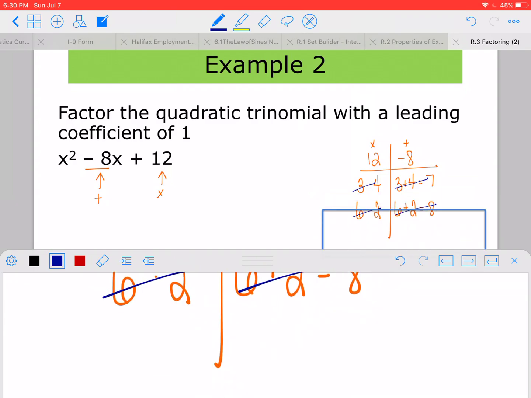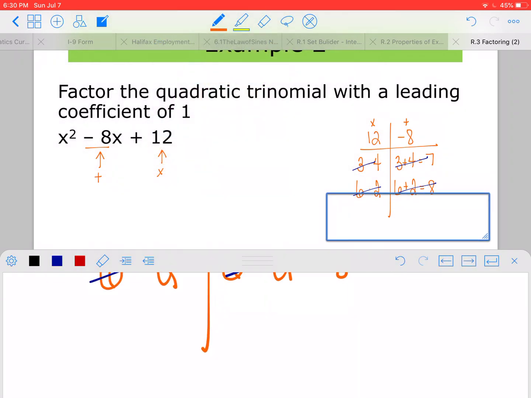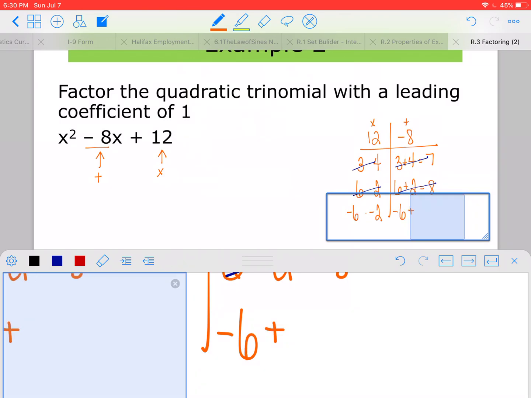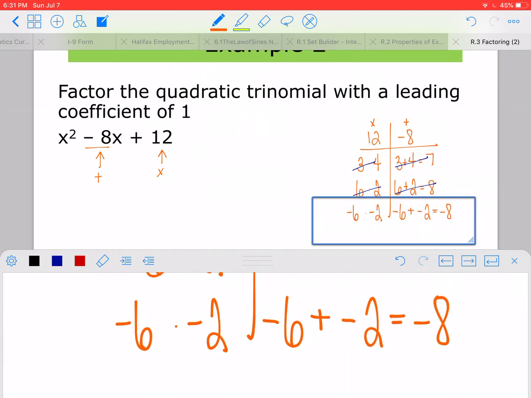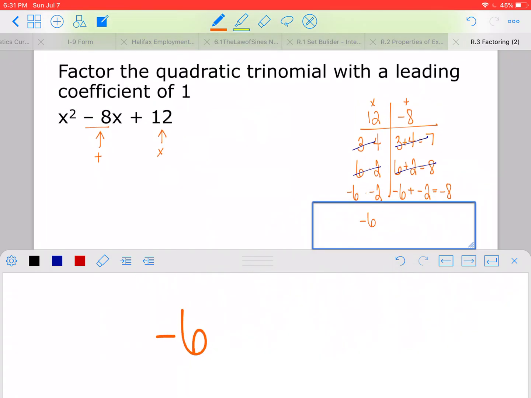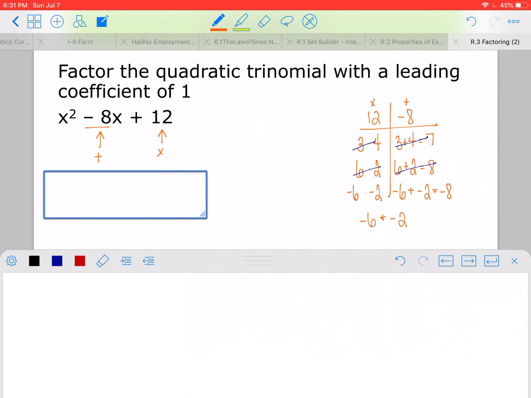What if we do negative 6 times negative 2? That'll multiply to give us a positive 12, right? And if we take negative 6 plus negative 2, that gives us negative 8. So those are the numbers that we're going to use. Negative 6 and negative 2. And so our answer here is x minus 6 times x minus 2.